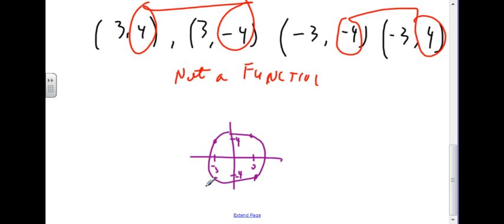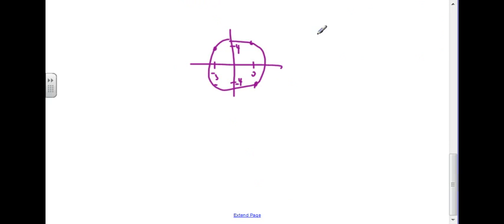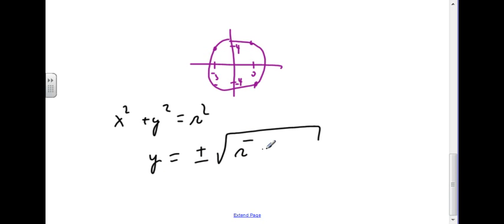Now the equation of a circle is x squared plus y squared is equal to r squared. That's not a function either, because we'd have to write it as y is equal to plus or minus square root of r squared minus x squared.